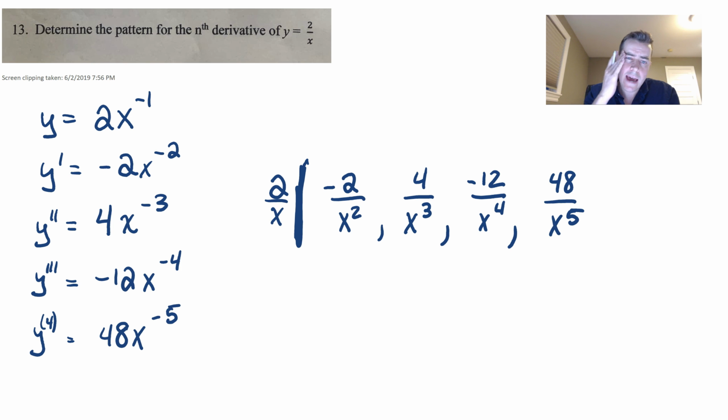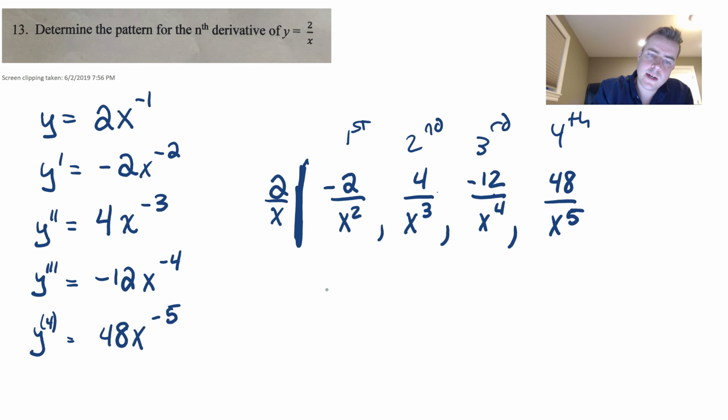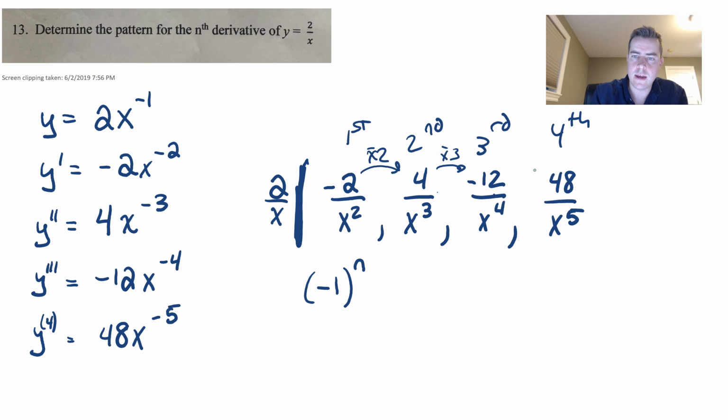Okay, so the pattern for this then, first thing I noticed, so this is the first derivative, second derivative, third derivative, and then the fourth derivative. I notice here that it's an alternating sequence, so that means I'm going to need a negative 1 to the n here. Then this is times 2, then times negative 2 times negative 3, and then times negative 4.